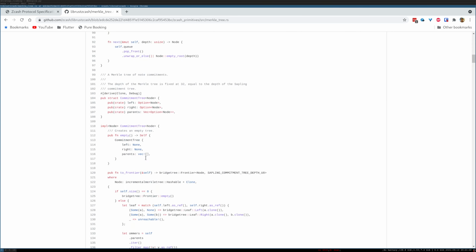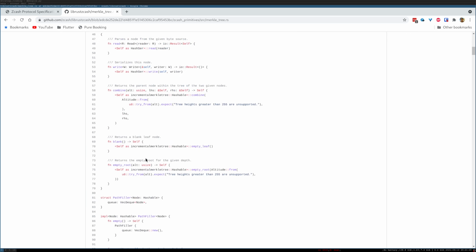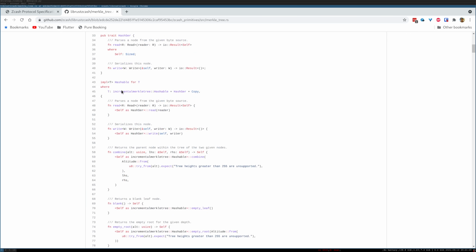And Hashable here is a trait, so it's like an interface, which has the ability to be combined. You can define this particular trait, which is combining a left-hand side and a right-hand side together in order to get a new node. You can make a commitment tree out of that.